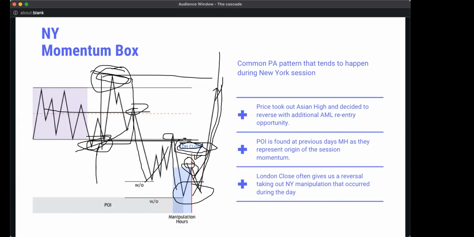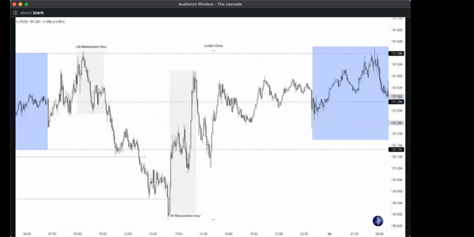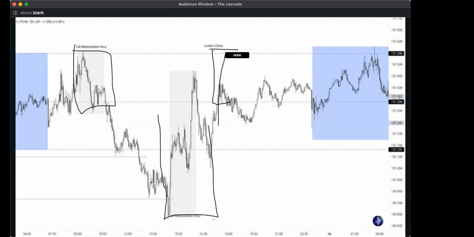So there are always opportunities. There are three opportunities during each day: the London momentum box, the New York momentum box, and London close here. These are the three times we need to understand. Once we see price taking it out, this is our opportunity.